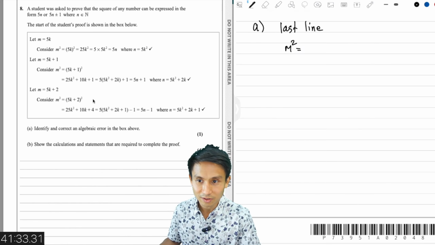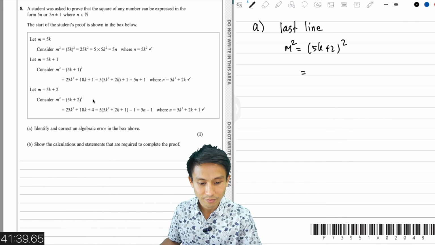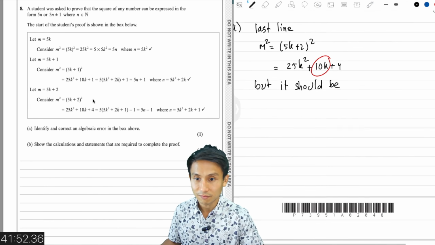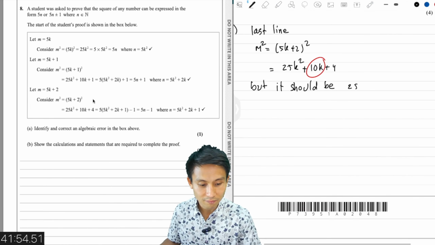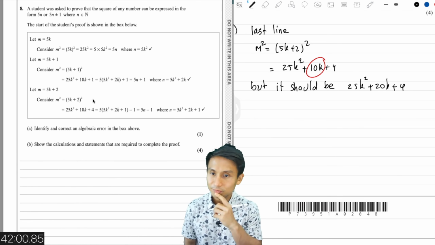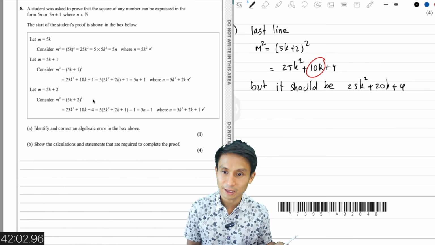m squared equals 5k plus 2 squared, which gives 25k squared plus 10k plus 4. This one is wrong, but it should be 25k squared plus 20k plus 4, just that one, because 2 times 5 times 2 is 20k.